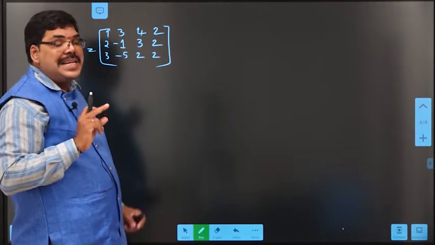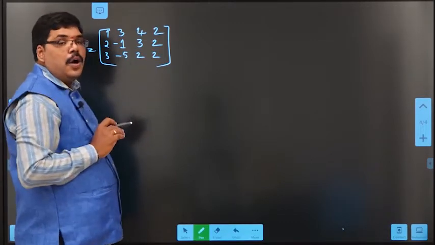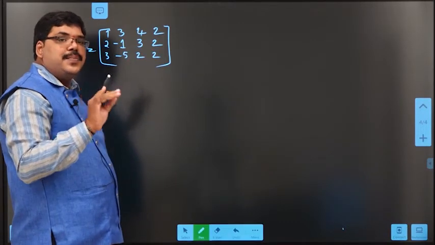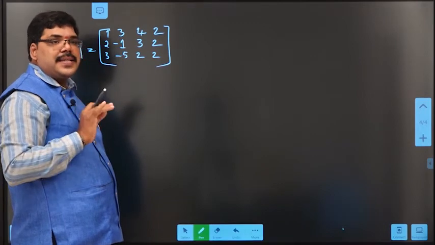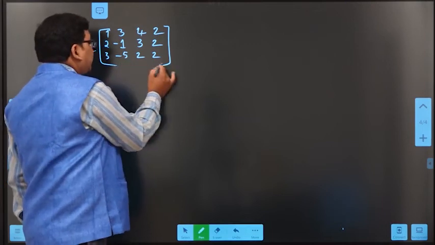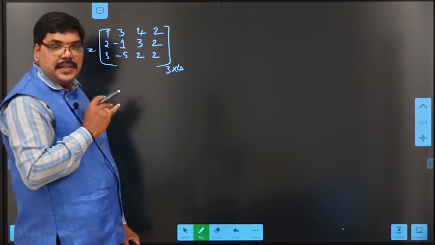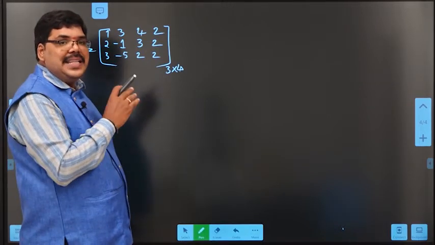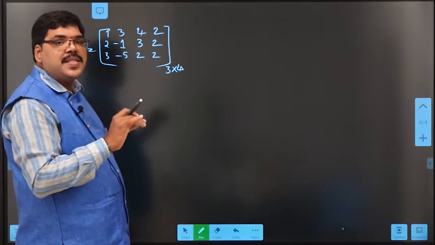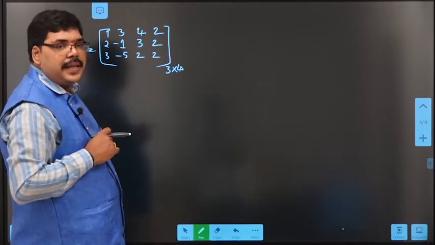Minors are nothing but determinants of square submatrices. So, in this matrix, what is the possible square submatrix of highest order? This is a 3 by 4 matrix. In this matrix, the maximum possible minor will be of order 3 by 3. How many are there?